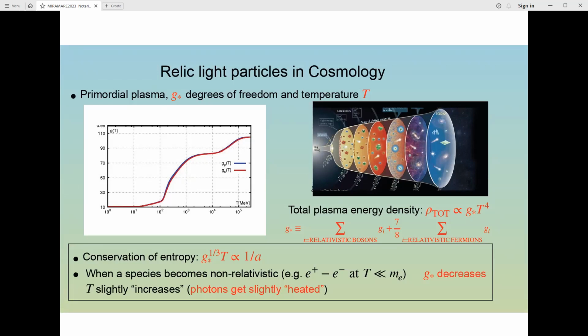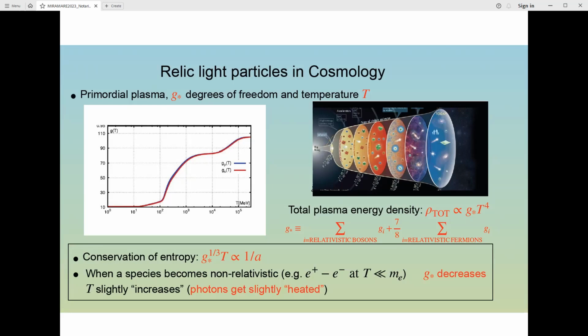The very basic ingredient, as is well known, is that the entropy conservation of the plasma tells us that g star to the 1/3 times T scales like 1 over the scale factor. So whenever there is a change in g star, the temperature of the standard model plasma essentially stops being diluted, gets some small heating.